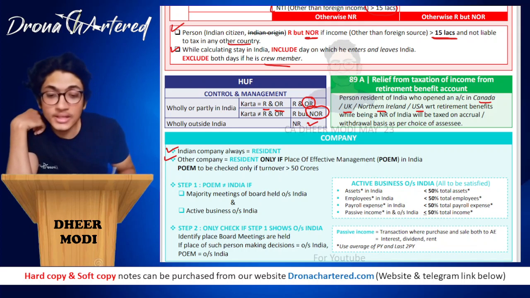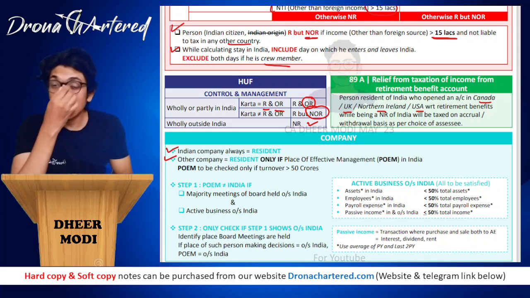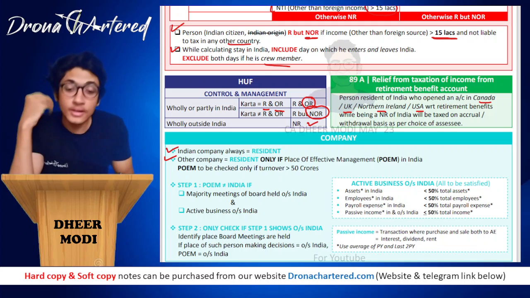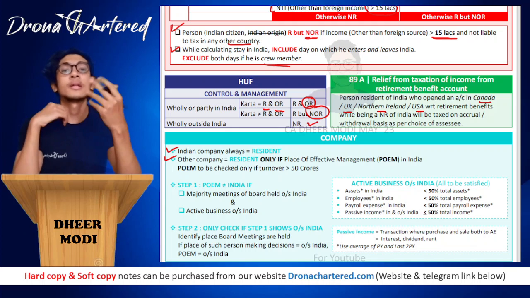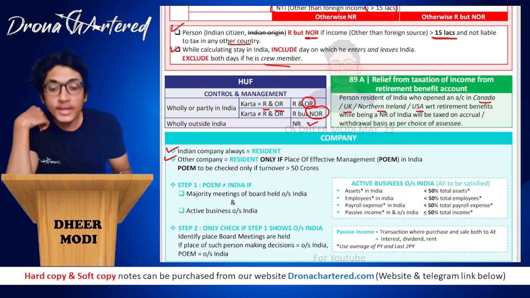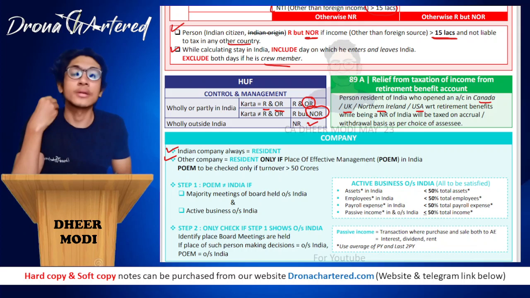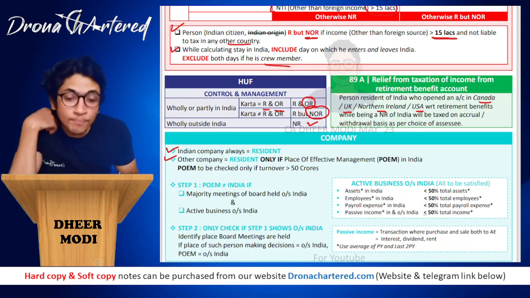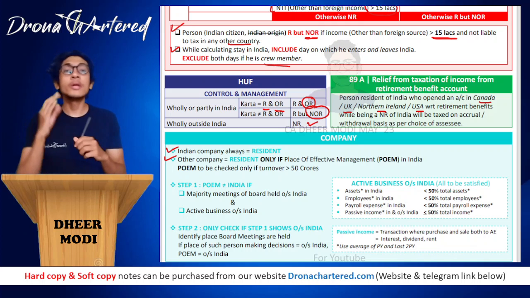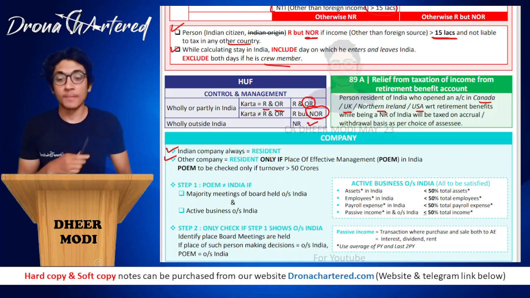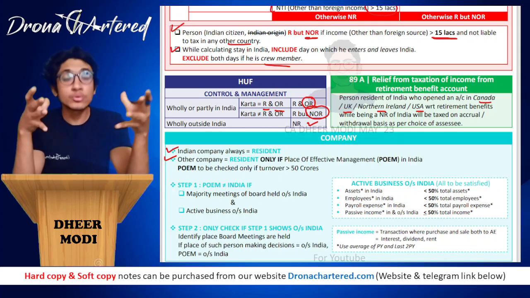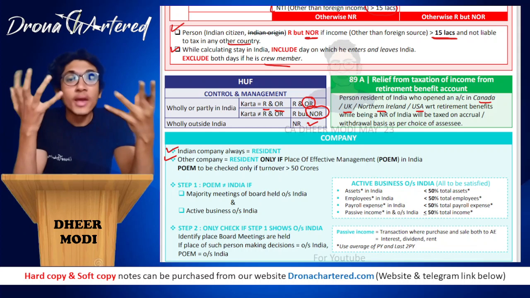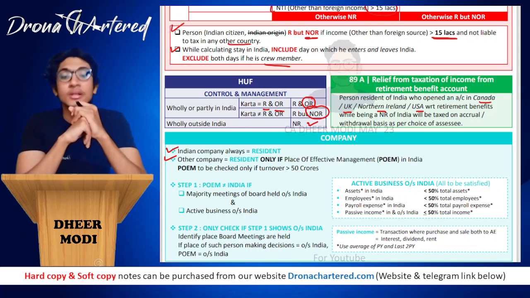Any other company will be a resident only and only if its place of effective management, which we also call POEM, is in India. So any other company will be considered resident only if its POEM is in India. Now for this place of effective management, you have to check from where the company is actually being effectively managed.